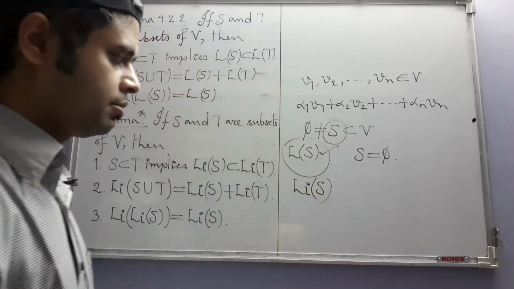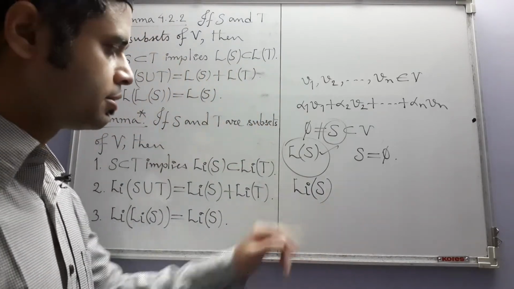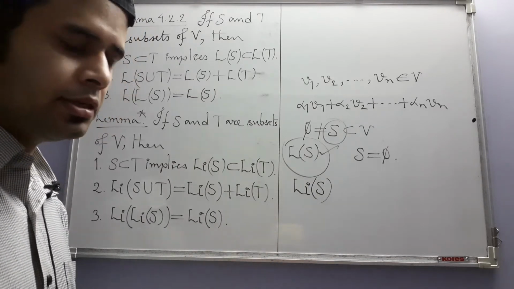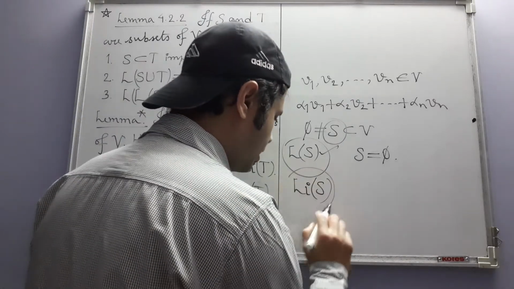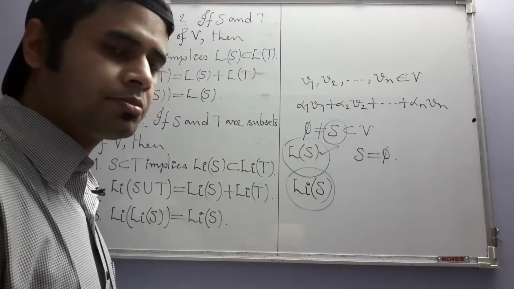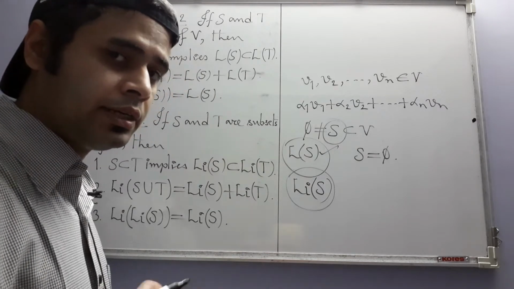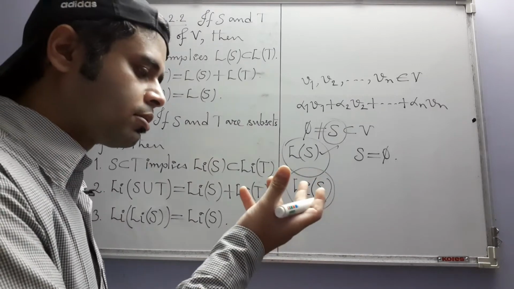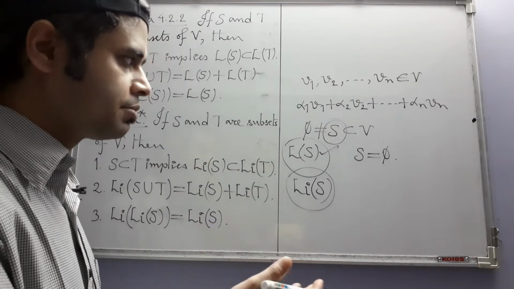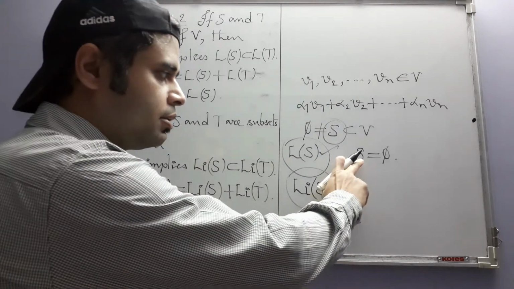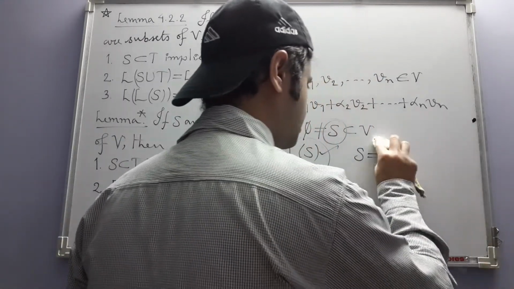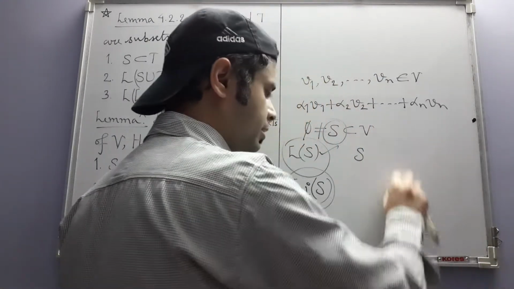We devised a notation like this, Li of S. The way we defined this Li of S is this: Li of S is the intersection of all subspaces of V containing S. That is, you collect all subspaces of V, each one containing S. There may be some subspaces of V which do not contain the set S. By the way, this Li of S is not defined just for the case when S is empty.